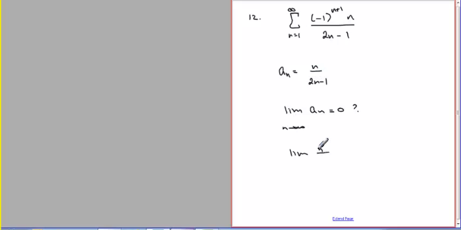The limit of n over 2n minus 1 as n goes to infinity is actually equal to 1/2. So this will not converge. Or it diverges.